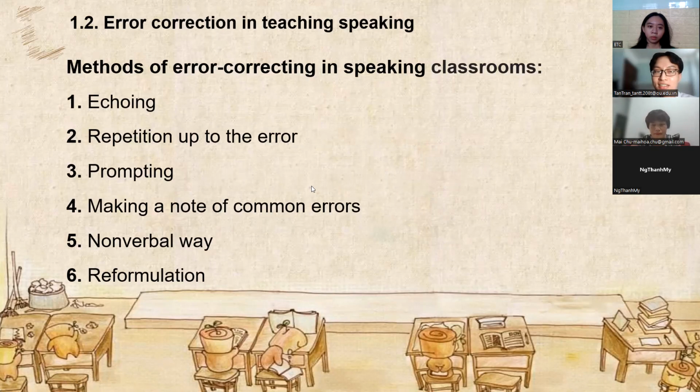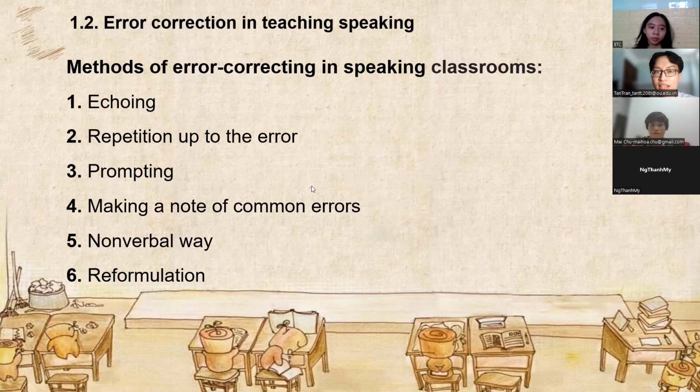With echoing, I echo the word, the phrase, or the whole sentence with questioning intonation, and then I stress it to give the student hints where exactly the mistake was made. With reformulation, I reformulate the incorrect version and provide the correct one, and I repeat it and emphasize it.